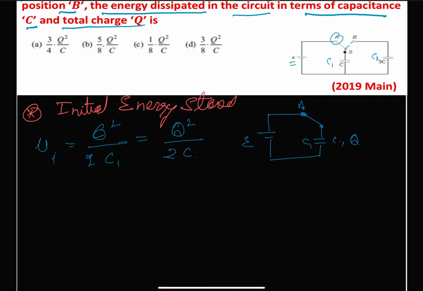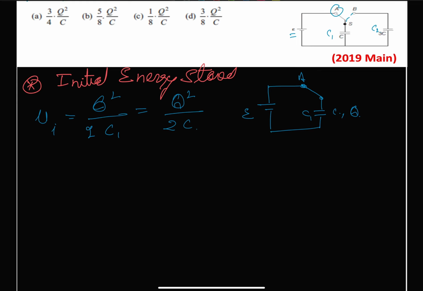When the switch is moved to position B, we can just draw the circuit now. This is position B, and we have capacitance whose value is 3C. We called it C2, and this is C1, capacitance is C. Now initially C2 is uncharged.